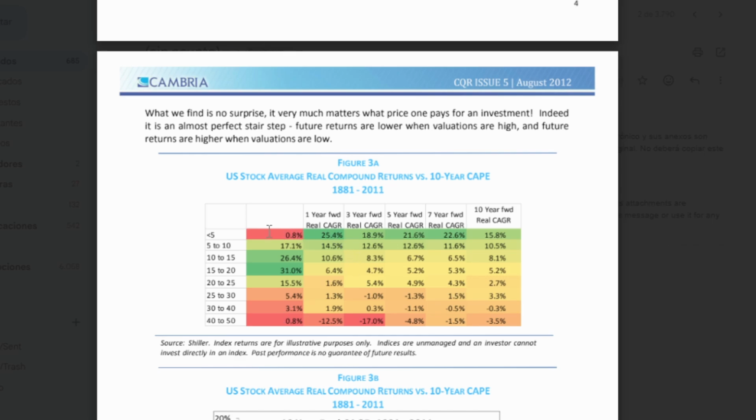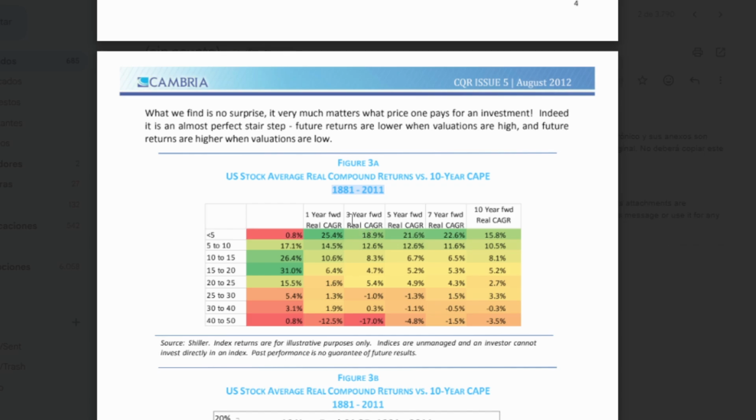What this table tells you is that if you buy US stocks, and this data again is from the last 130 years, so it's a huge bunch of data, if you buy below 5, on the next year, this is the 1-year forward real compound annual growth rate, you will have a 25% return.